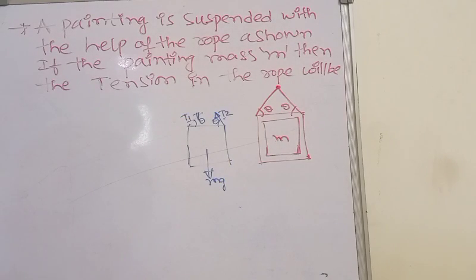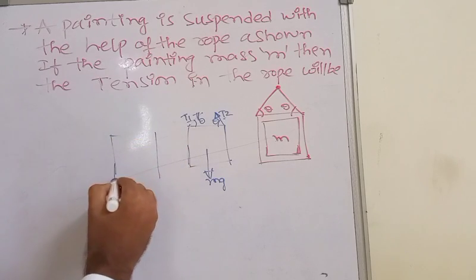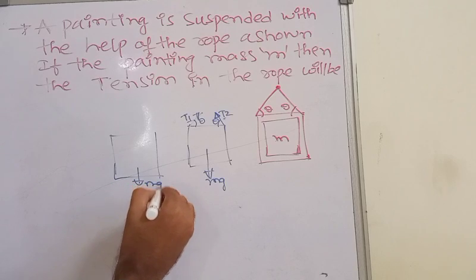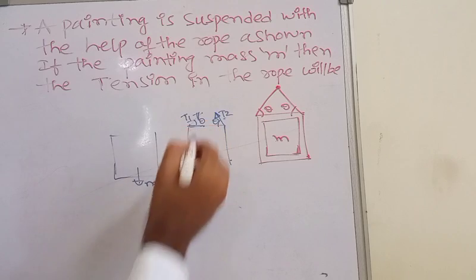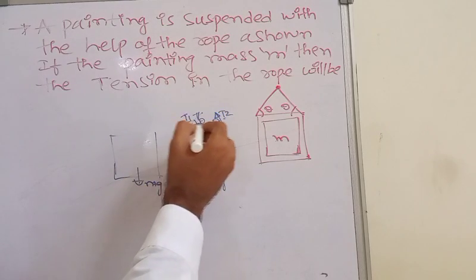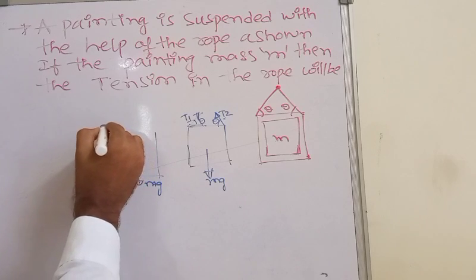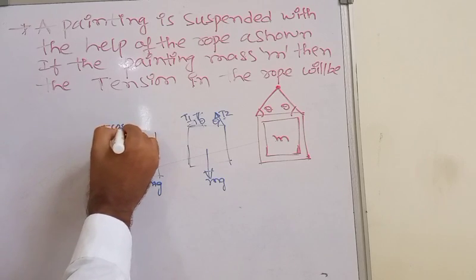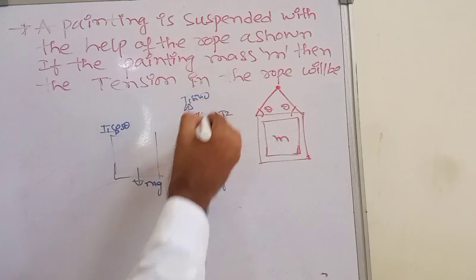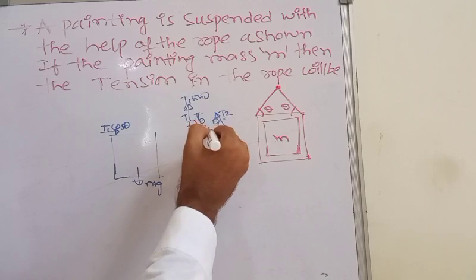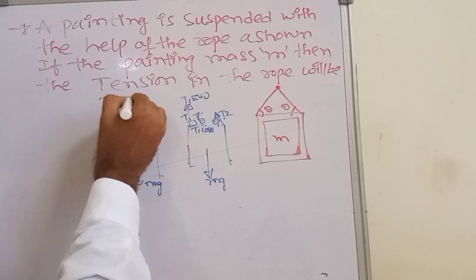Now we are drawing the free body diagram of this. So mg is acting in the downward direction. Here this is T1. We are dividing this T1 into two components: T1 cos theta and T1 sin theta.